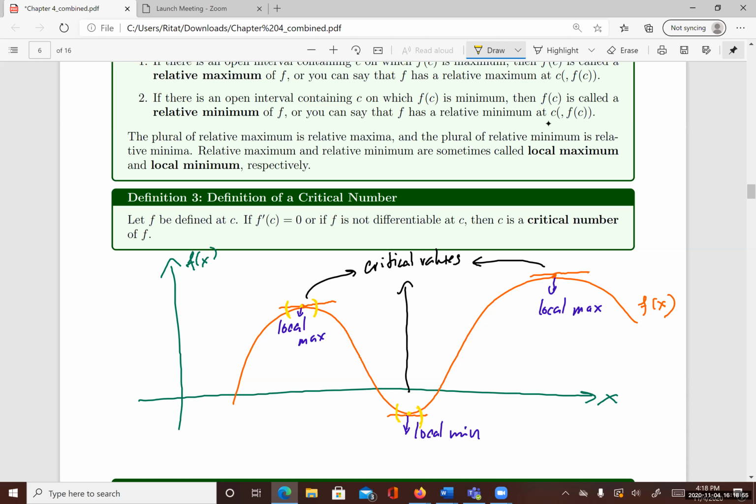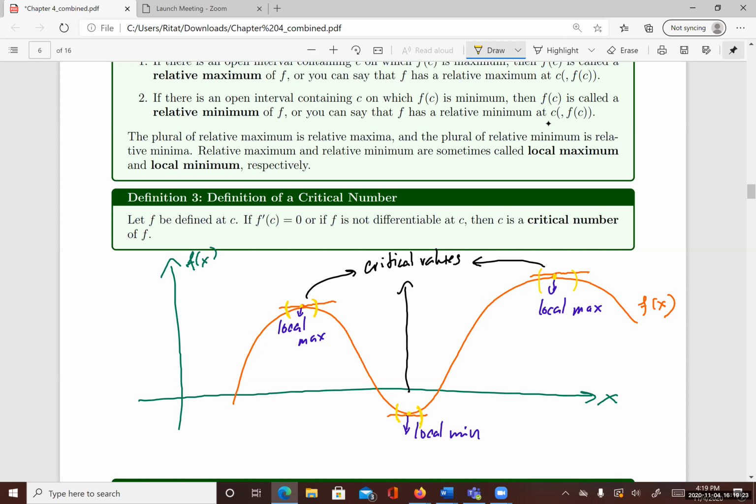Again, they are local, meaning they are the maximum or minimum values on a very local area, similar to this point. So this is the maximum value on this small open interval right here. They are local max or local min values.